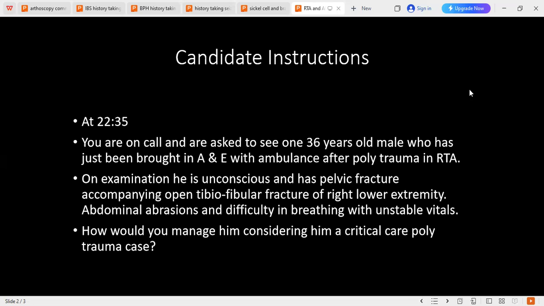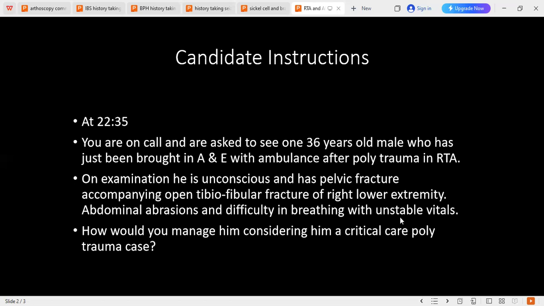Then I will assess circulation by doing vital signs, capillary refill, blood pressure, heart rate, and putting in 2 large bore cannulas.